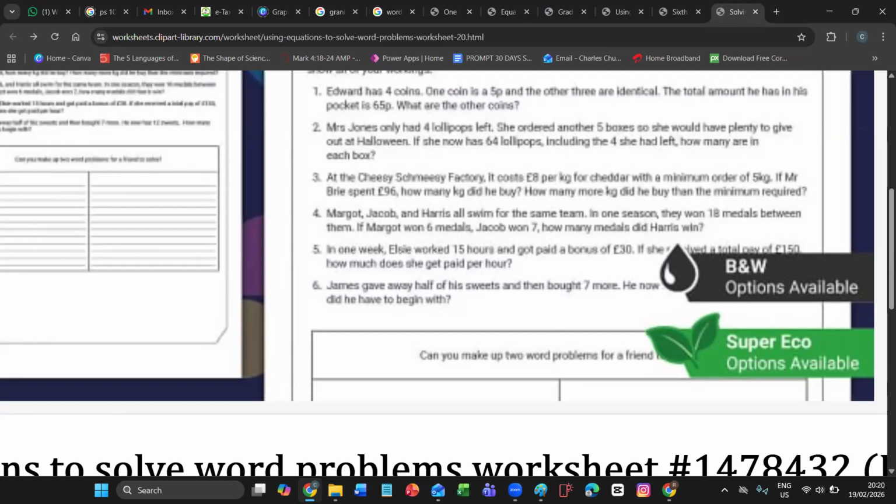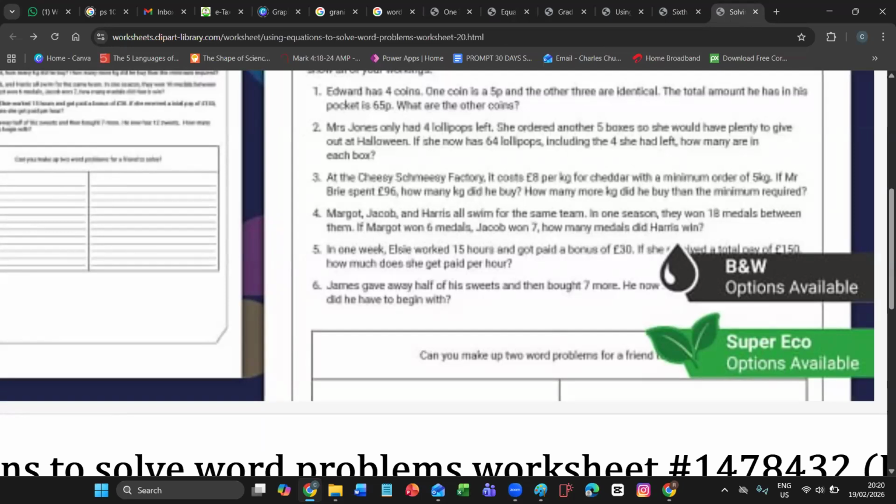That means the lowest they can order from that place is 5 kilograms, right? Yes. Remember, it's £8 per kilogram. So 8 times 5 is £40 already, right?